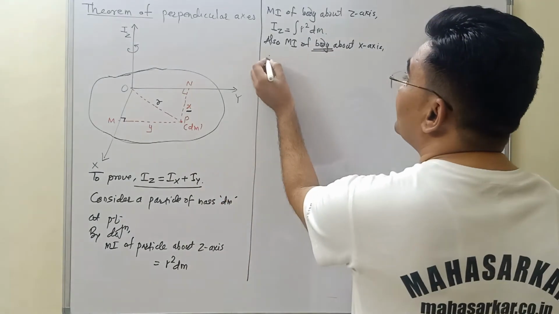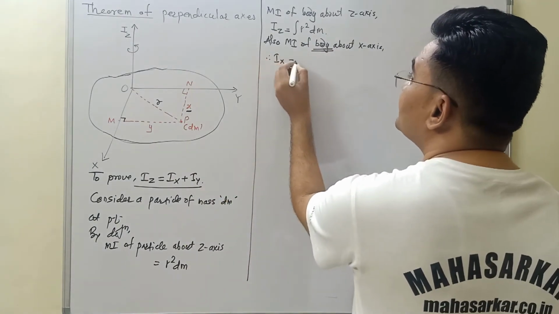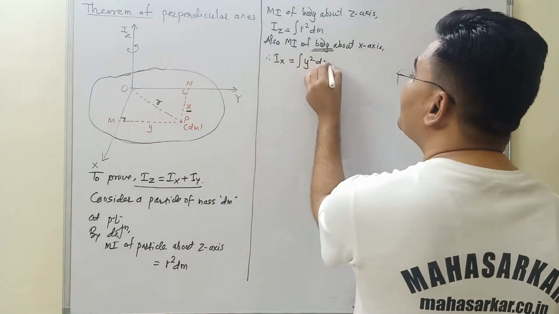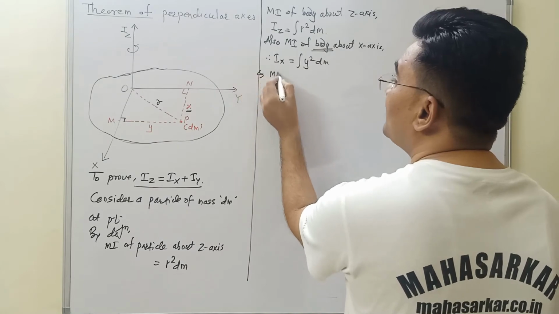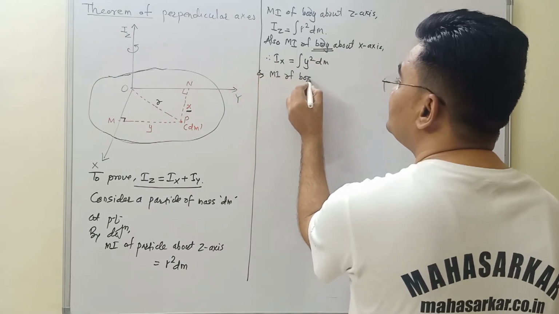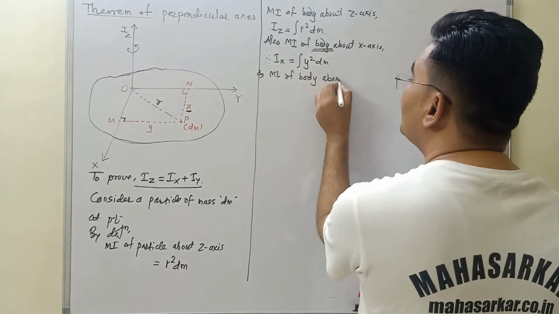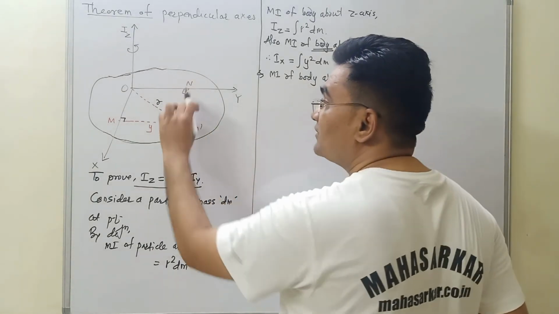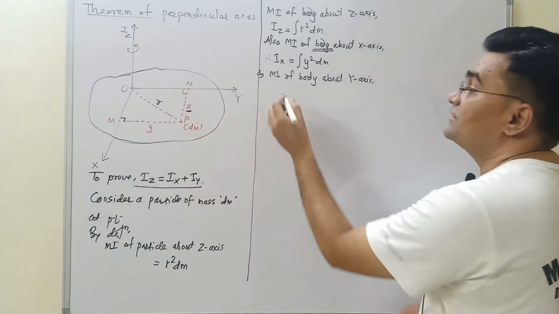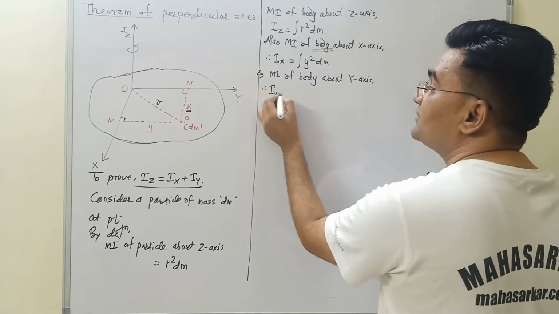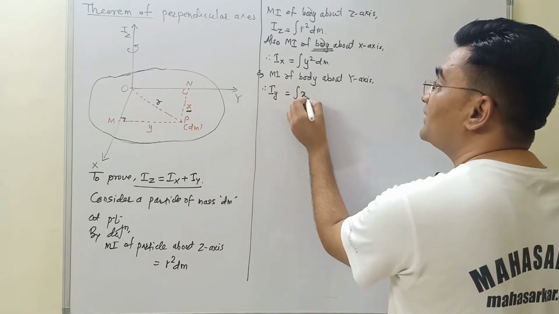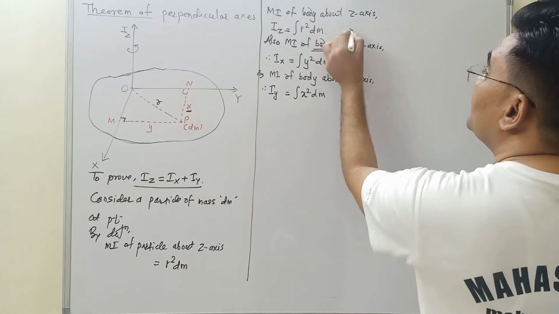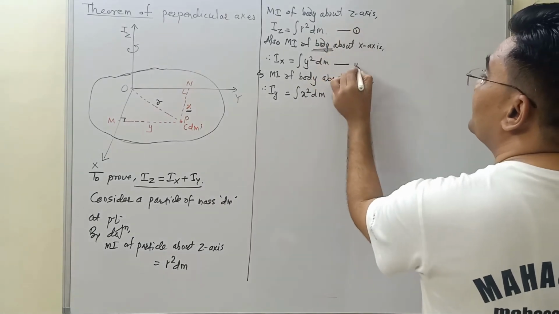Therefore Ix equals the integral of y square dm, and the moment of inertia of the body about the y-axis: the distance is x, therefore Iy equals the integral of x square dm. These are the three basic equations that we need to prove this theorem.